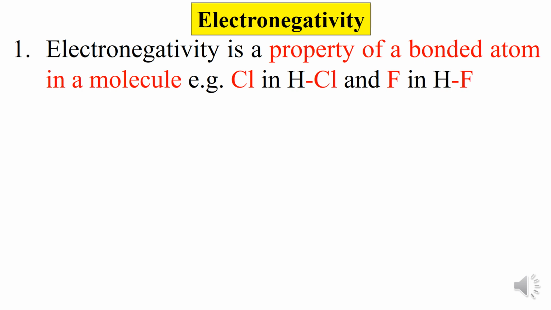So you cannot assign electronegativity values to isolated gaseous atoms that are not associated with other atoms by a chemical bond. So electronegativity is a property of a bonded atom. So electronegativity value can be assigned only to those atoms that are chemically bonded in a molecule.